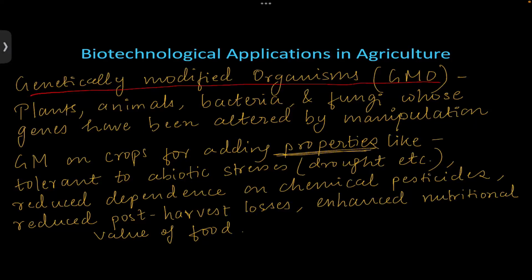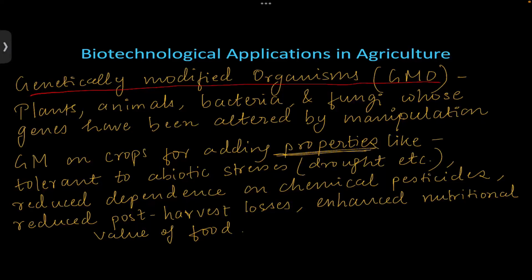Plants, animals, bacteria, or fungi whose genome has been altered by addition or deletion of a particular kind of gene are called genetically modified organisms.